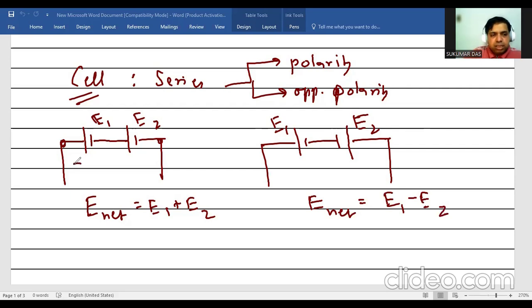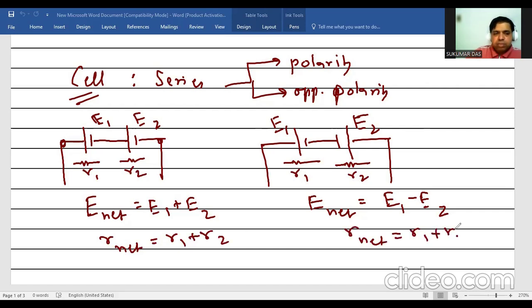If these cells are real ones, they will have their internal resistance. Since the cells are in series, their net internal resistance will be simply the sum. So here also we will have r1 plus r2. This is what it is.